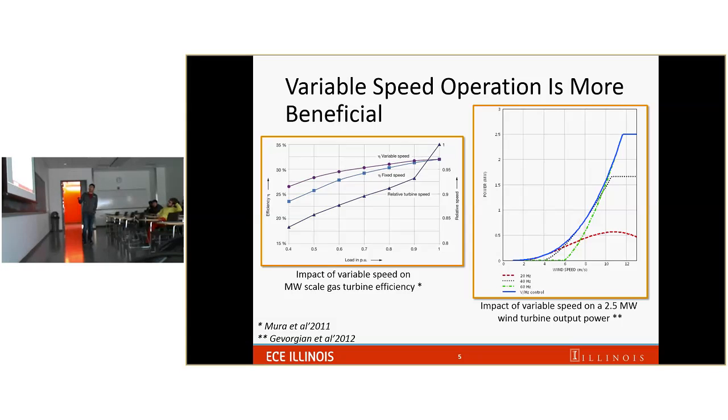The other curves, the red, the blue, and the black, are the power generated by the wind farm when you only allow it to operate at fixed speed. So the advantage of variable speed is you can collect power over a wider range of wind speed, and as a result, the energy yield will be higher.